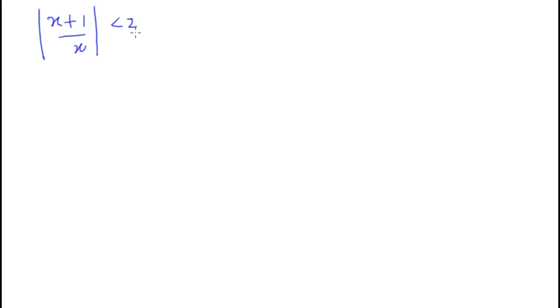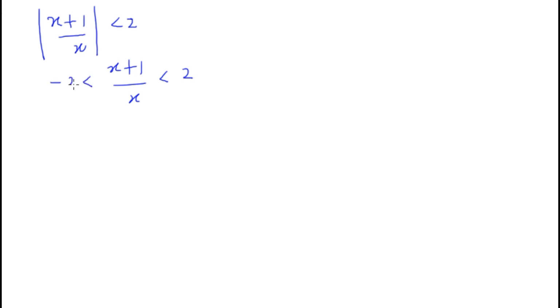If you have something of this nature, this is a rational inequality, and of course it has an absolute value. So the first thing to do is to interpret the absolute value inequality so that it becomes something of this nature: x plus 1 upon x less than 2. Don't forget this is less than, then greater than minus 2.